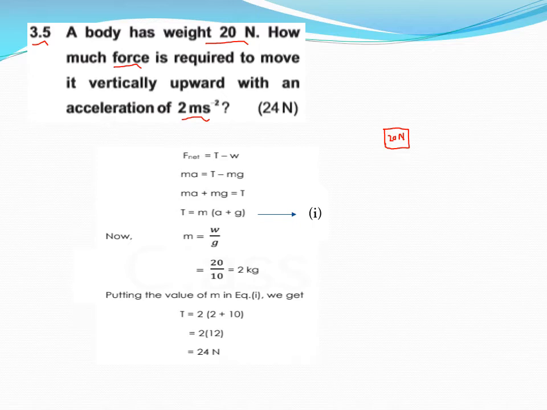And now in this numerical, the condition is that we are to move this upward so that it has an acceleration of 2 meter per square second.